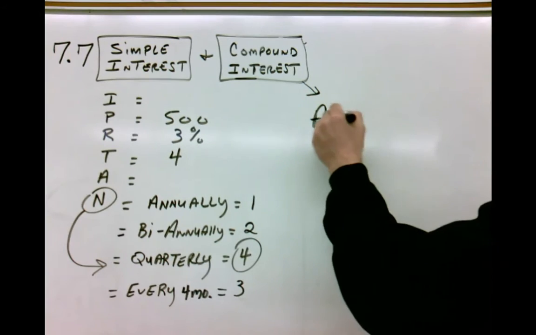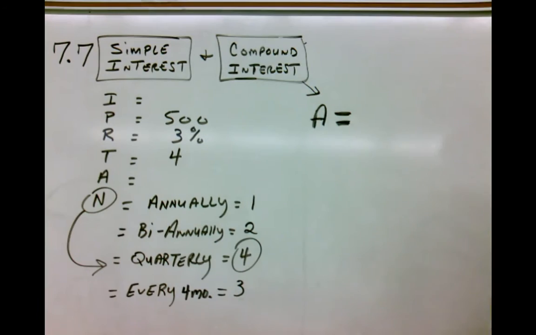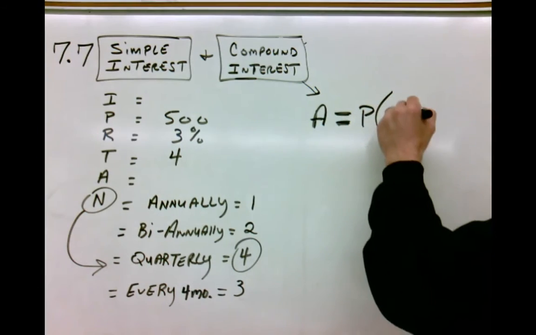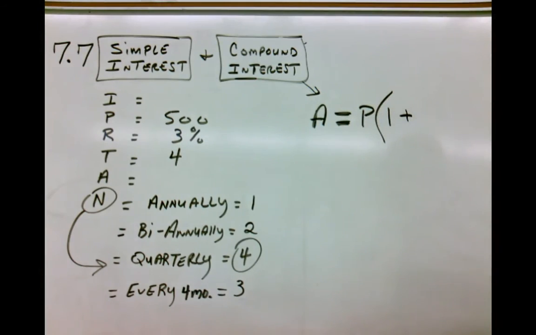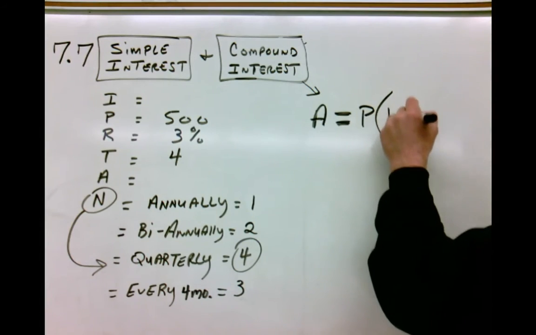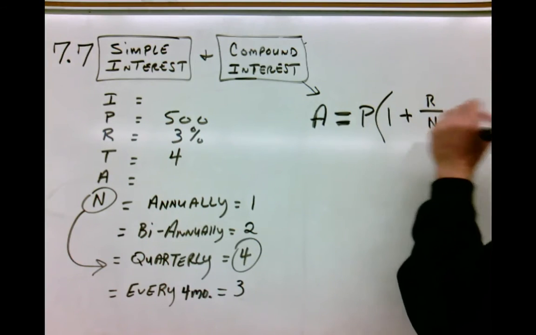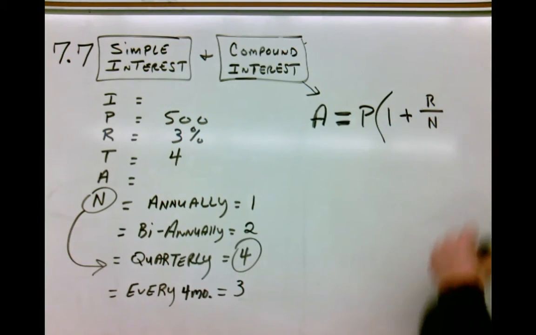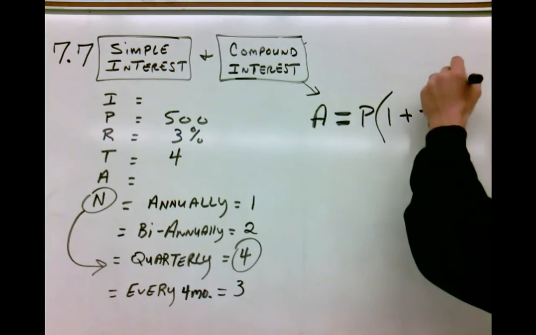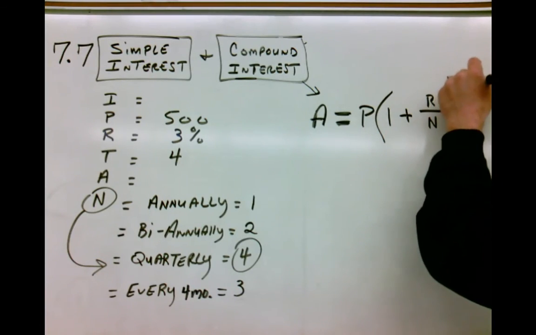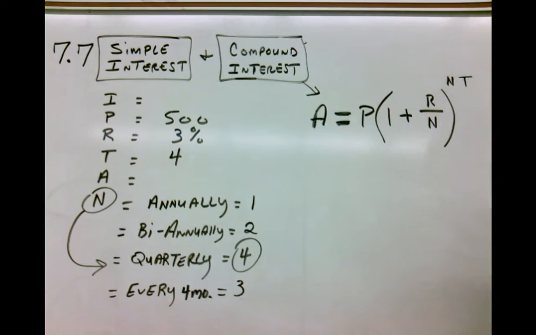A is going to equal, slightly different now, your principal times 1 plus, now usually we have just the rate, but now it's going to be the rate over the N value, that 4, raised to the power of N, that quarterly amount, times the amount of time that we're going to do this for.